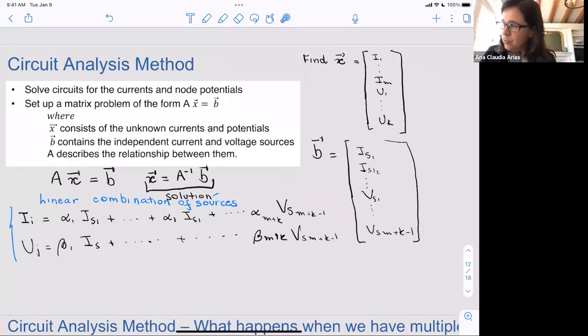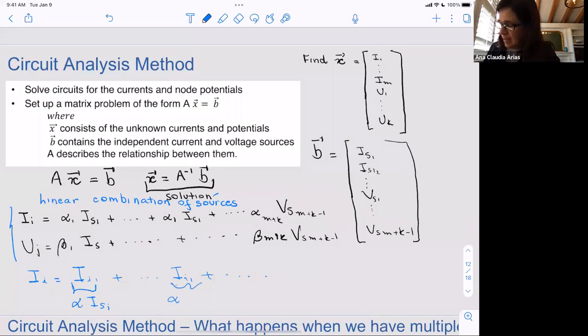So if I were to write this I here, it would be quite nice, because I will have I1 over some plus this IL plus and so on, which means that I will have this alpha IS1 term completely independent of that alpha ISL.